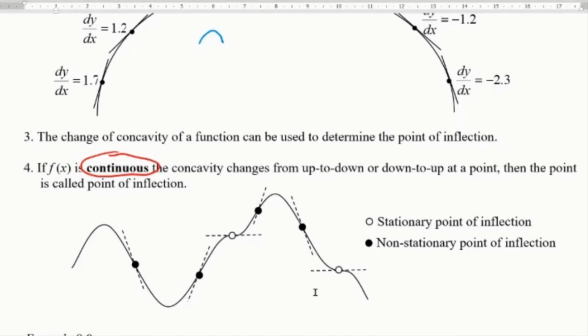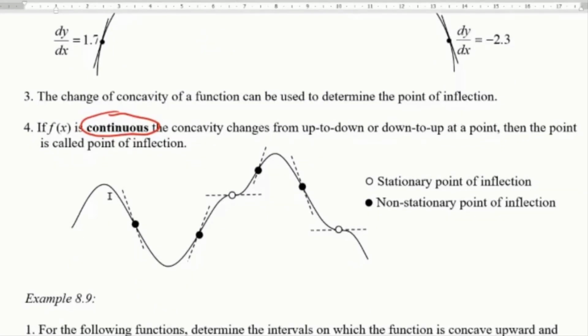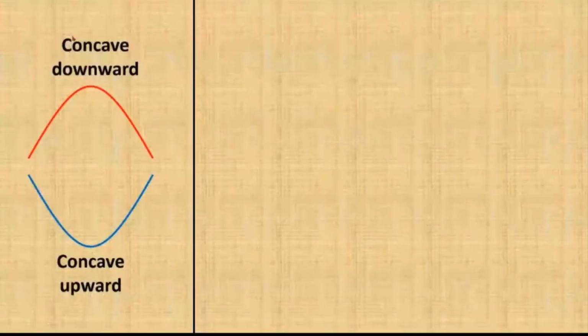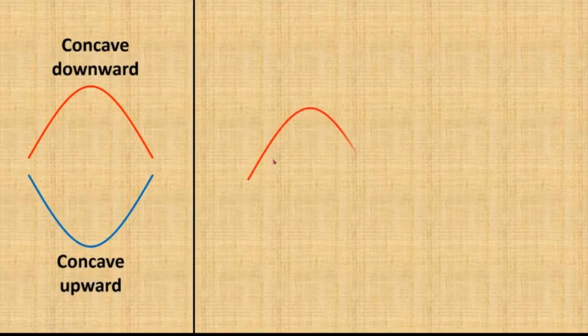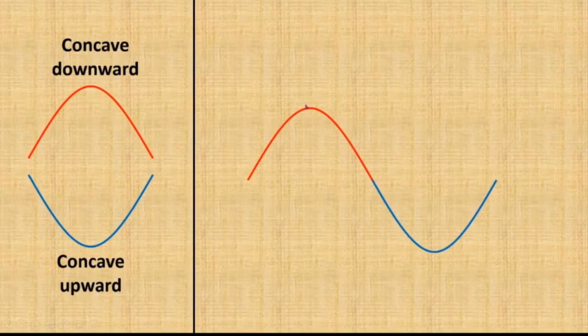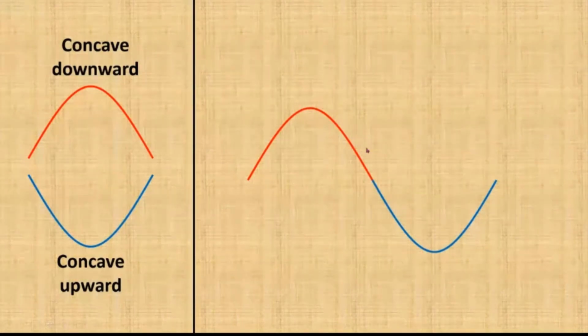Okay, so how do we identify it using a diagram? Let's say this one is concave downward, this one is concave upward. I draw a graph, the graph is like this. This part up to here is concave downward.